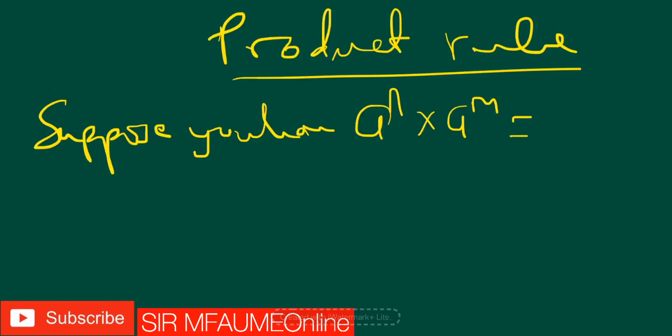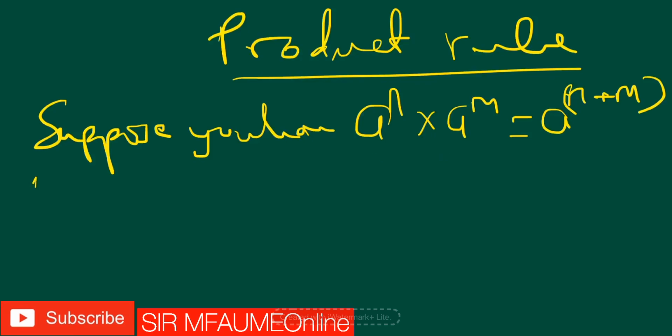This will be equal to a exponent n plus m. This is according to the rules of exponents. If you have the same base, base a, and you multiply, you are supposed to sum up the exponents. That's why I'm taking the summation n plus m.